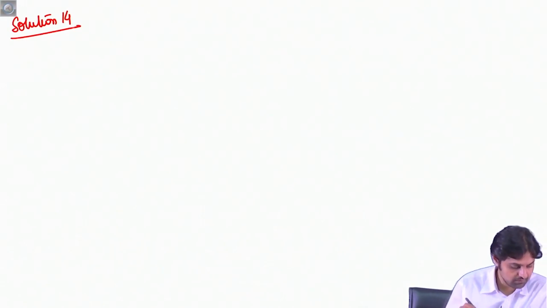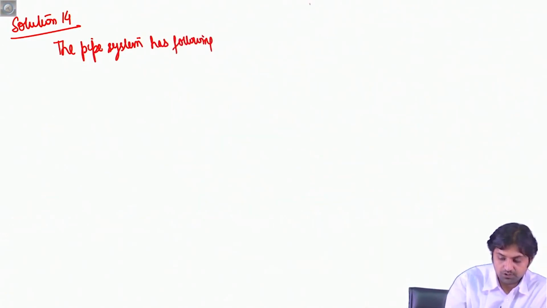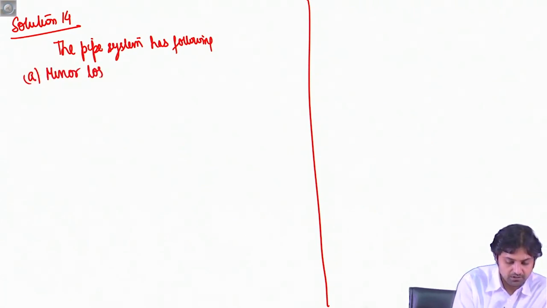Solution. The pipe system that we have in question, first we should be able to write what all things are there. A, it will have minor losses. What are the minor losses?